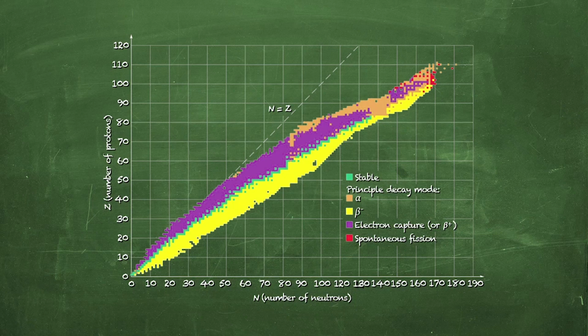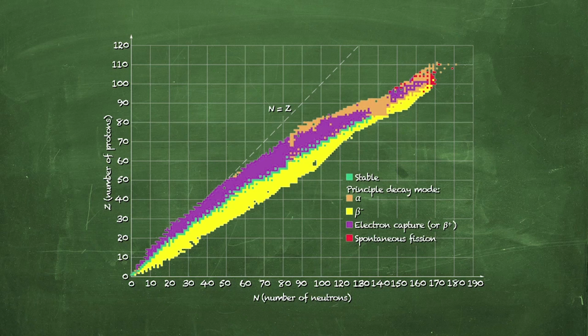One more thing I'll point out before we leave this chart is notice that in the lower left-hand corner, the staircase of stable isotopes coincides pretty well with the N equals Z line, the number of neutrons equal to the number of protons.